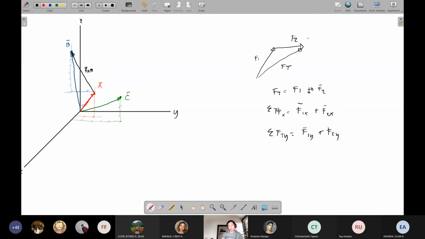Then, the force total would be the square root of the summation of forces in x squared plus the summation of forces in y squared. Right? That is what we do in physics, if you want to get the total of these two forces.